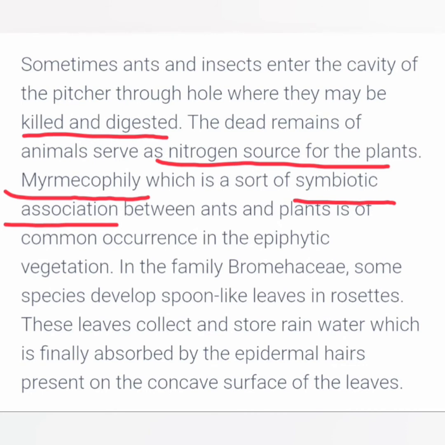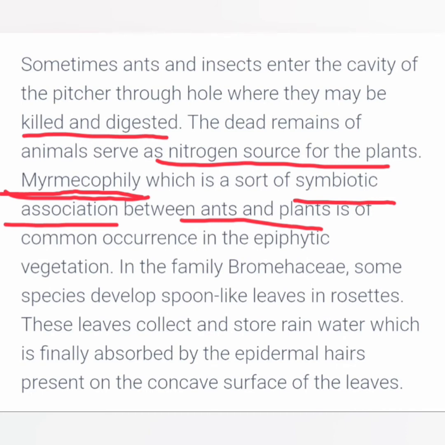So in this way they have a relationship of give and take. But here this symbiotic association between the insect and the plant is referred to as myrmecophily.